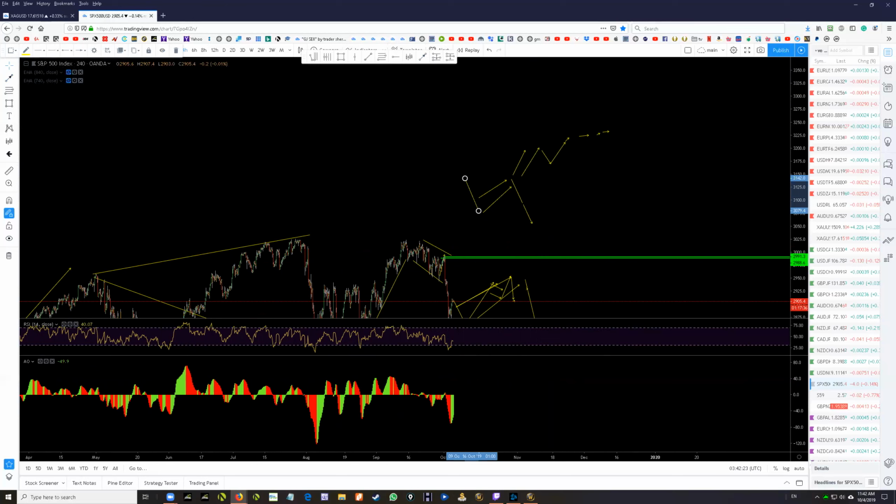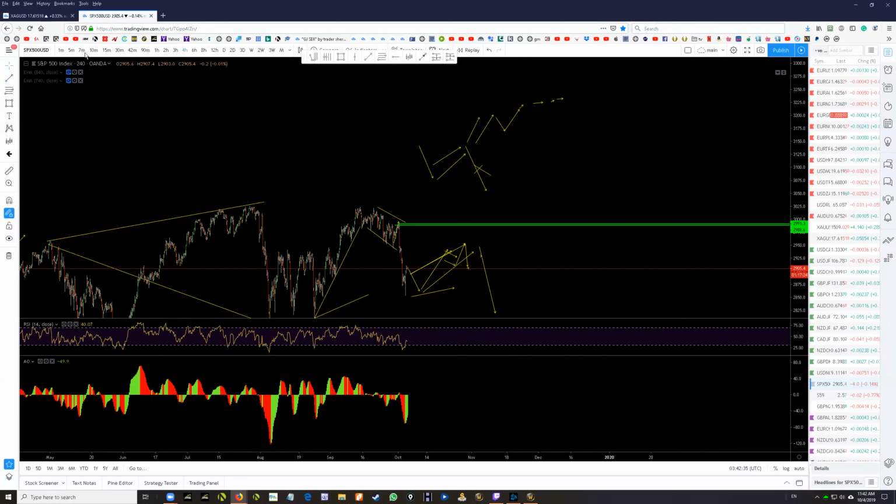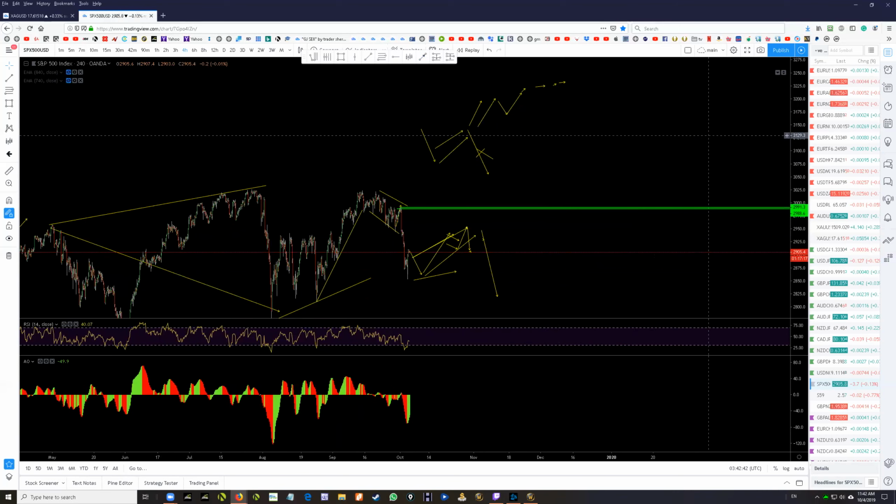This stuff never happened. But now that you have more structure, this here is big lots. This here, the lot size should be smaller, if you're going for a swing trade on a relatively high 240, which is almost a daily time frame already, right?